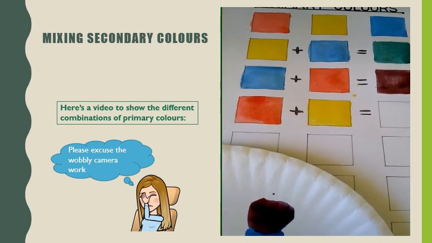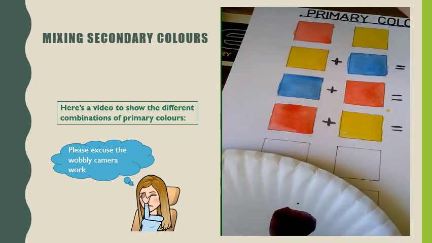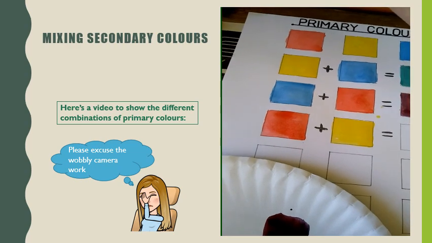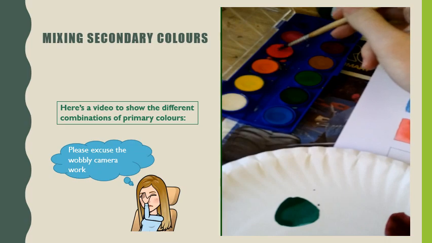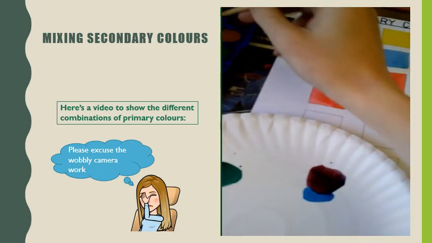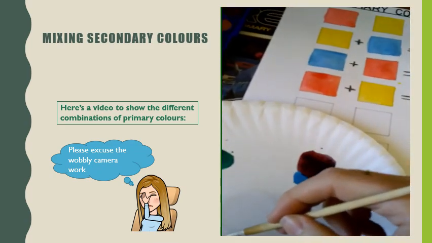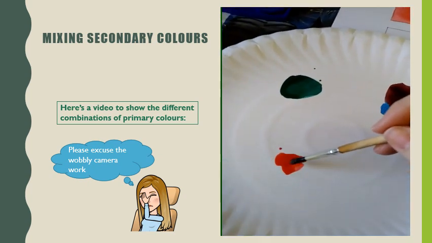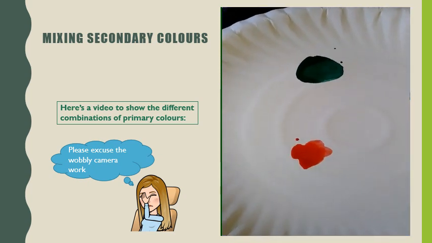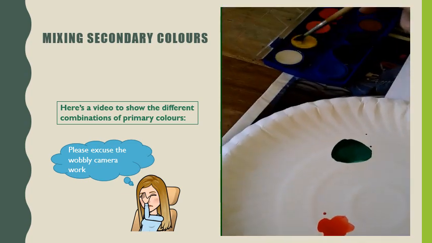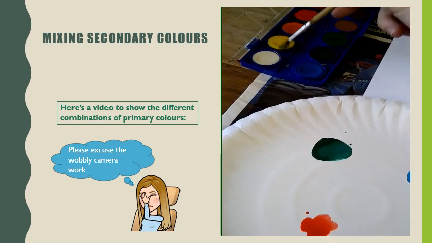Then we've got yellow and red that we need to combine. So again, I'm going to just quickly grab some red. Put my red here. Not too much, because yellow is very light, so you need quite a lot of yellow to compensate for the darker colors. Grab my yellow.